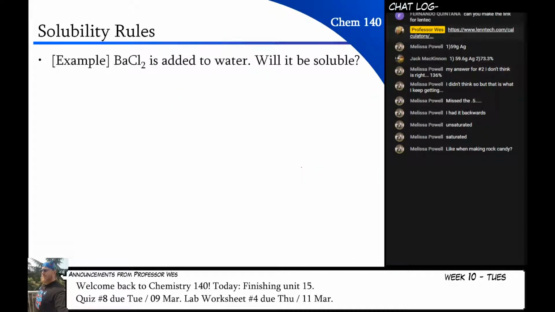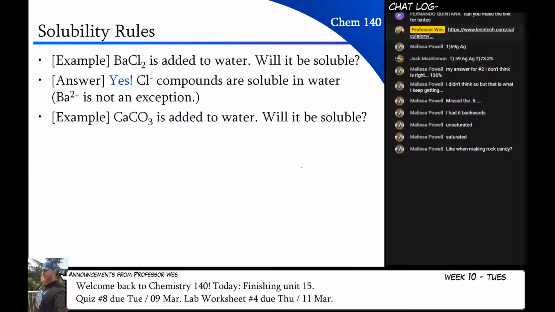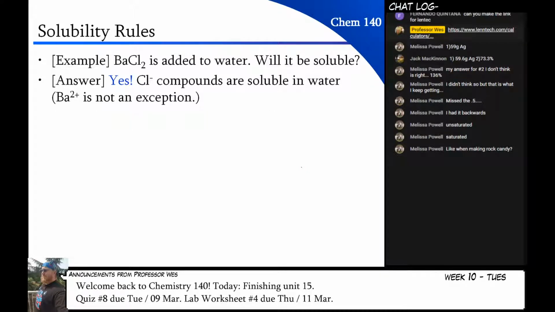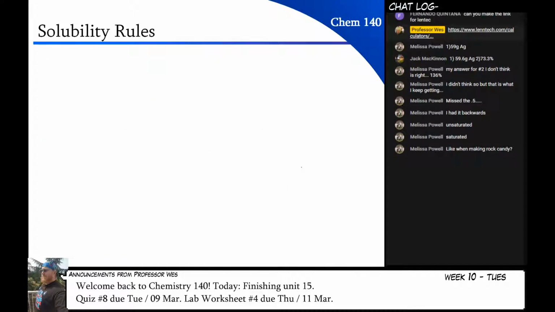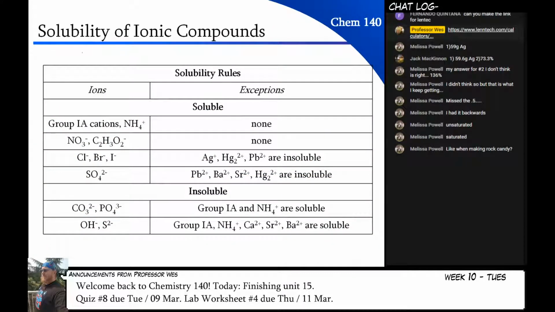All right. What about these solids? We already did barium chloride. How about calcium carbonate? So let's go back to our solubility chart, which means I have to go all the way back here. And we'll look up calcium carbonate. So I'll give you a second to think about this.